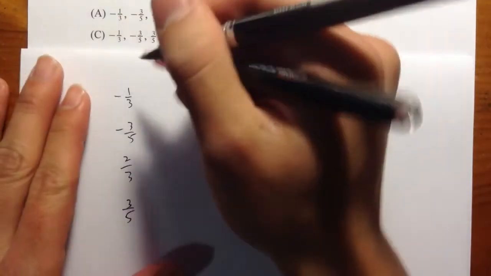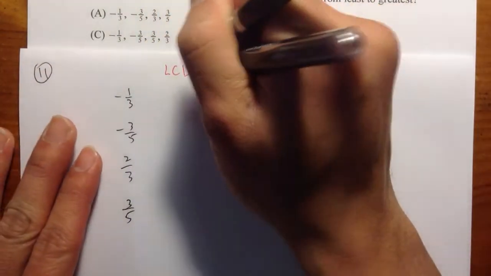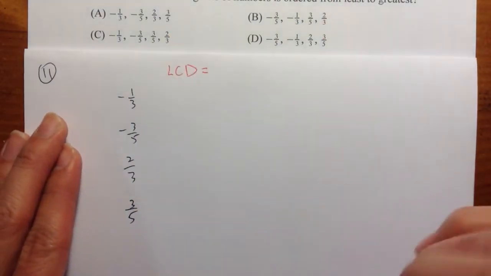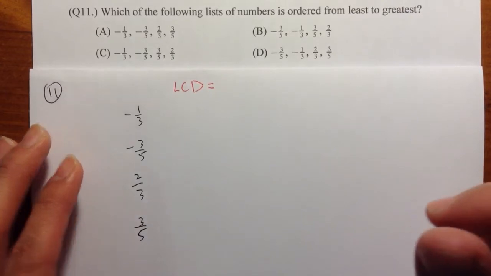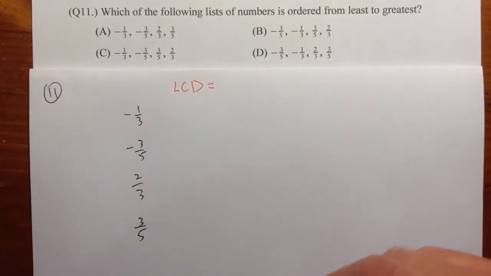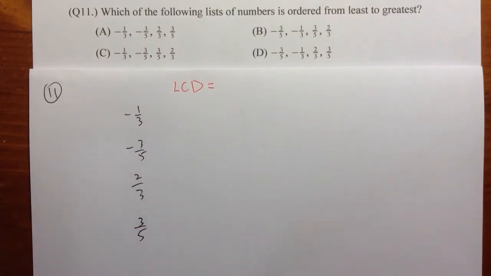The first way is to get the LCD for everybody. I want to make sure that all the fractions have the same denominator, because I can only compare, let's say, 2/3 is bigger than 1/3 for sure.